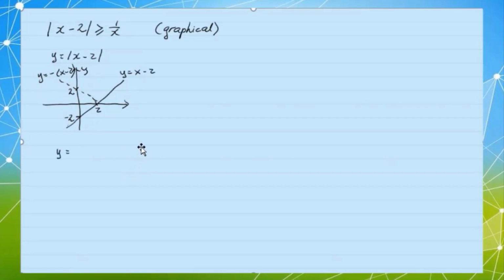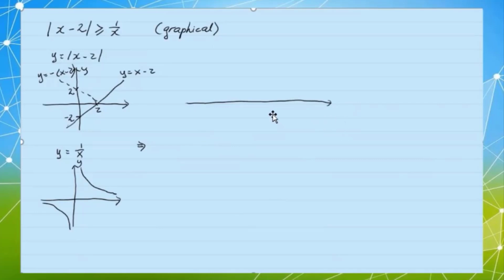Then we need to sketch the graph 1 over x. 1 over x is a reciprocal, which is in the first quadrant and also in the third quadrant. Now we are going to combine these two graphs by using the same axes.